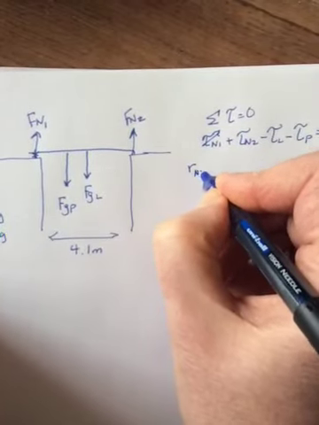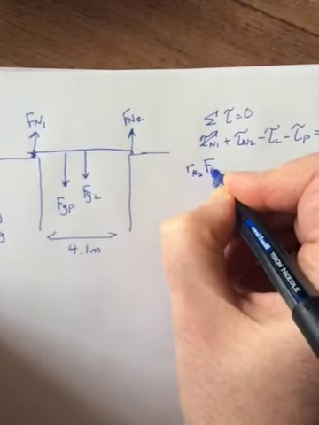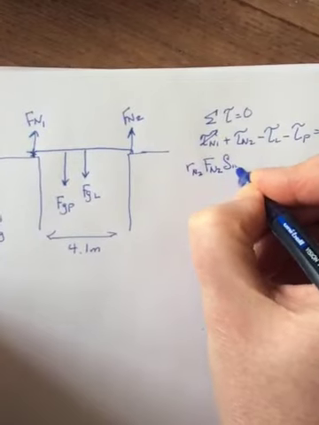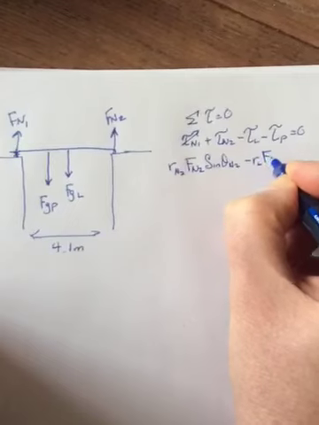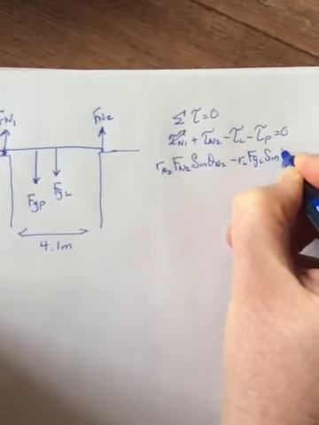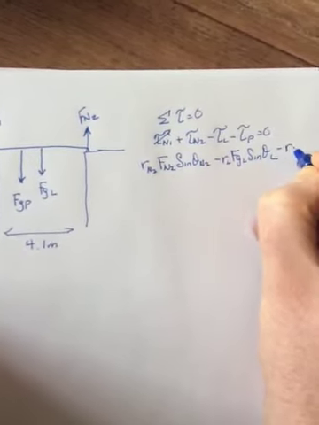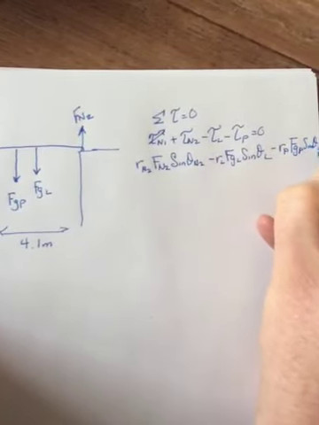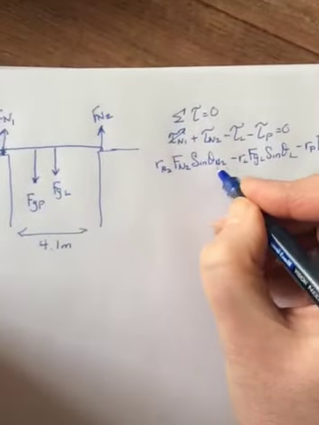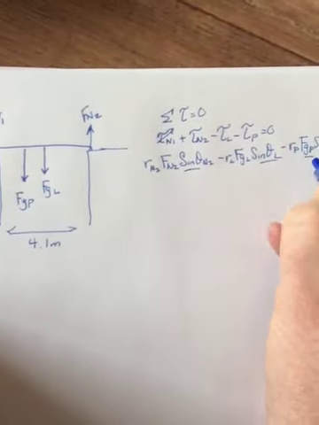So it'll be R of the normal, F of the normal number 2, sine theta of the normal 2, minus R of the ladder, FG of the ladder, sine theta of the ladder, minus R of the person, FG of the person, sine theta of the person. If you look, all the angles are 90. So all of these are going to go to 1.